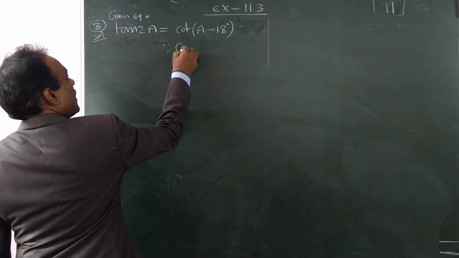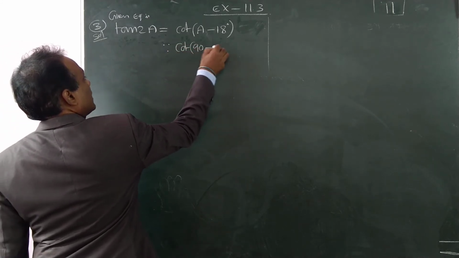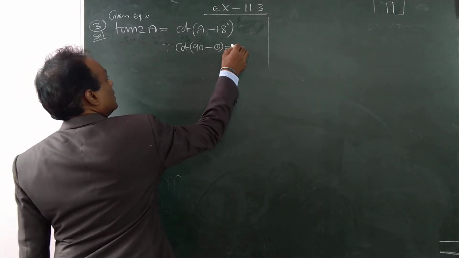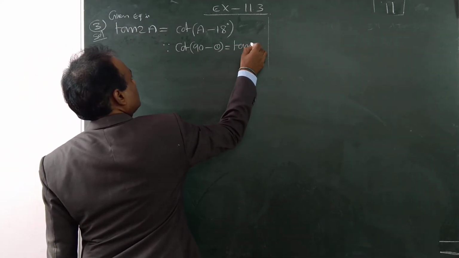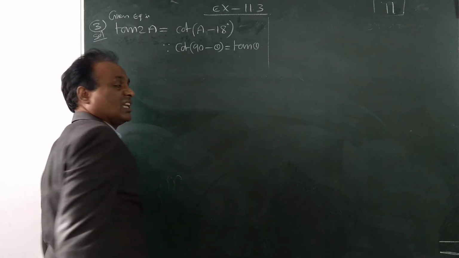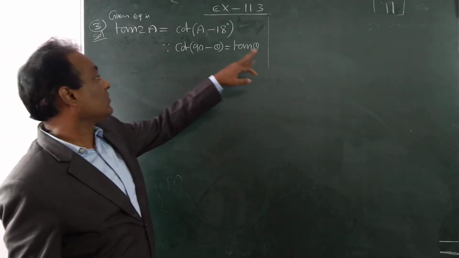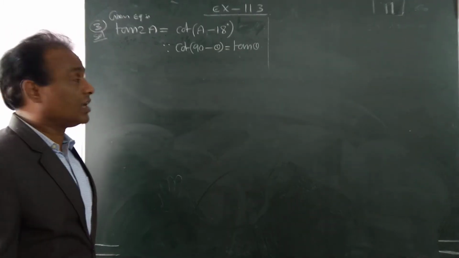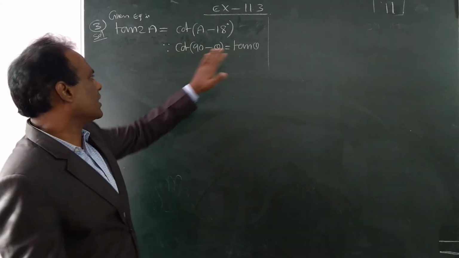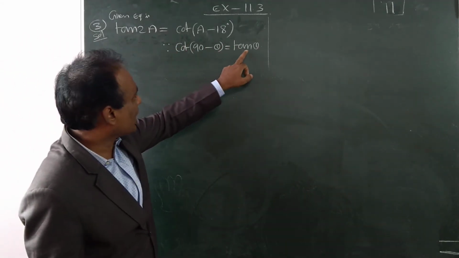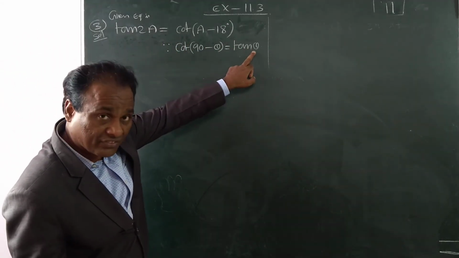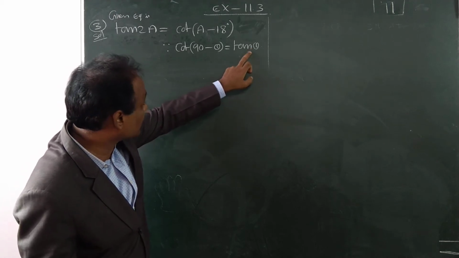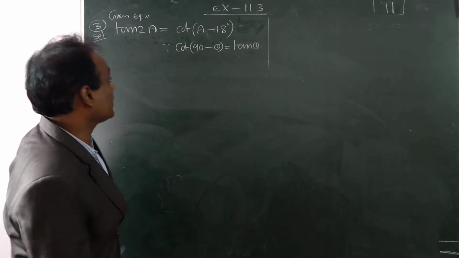Cot 90 minus theta is tan theta. This formula we derived. Now use the same in reverse order. Tan theta is equal to what? Cot 90 minus theta.